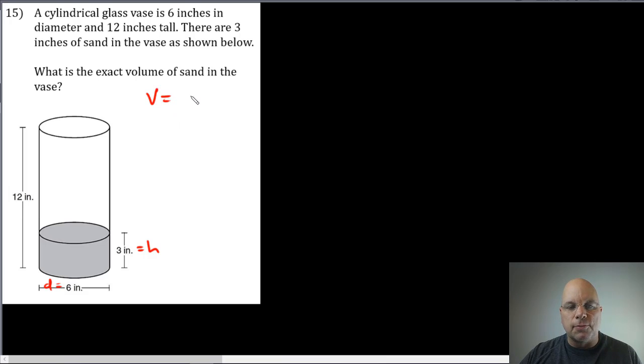Volume for any prism or cylinder is area of the base multiplied by the height. Area of the base, since we're dealing with a cylinder, has a circular base, and so the area of the base is pi r squared.